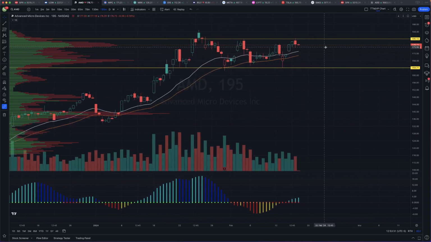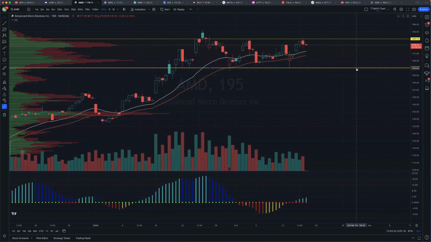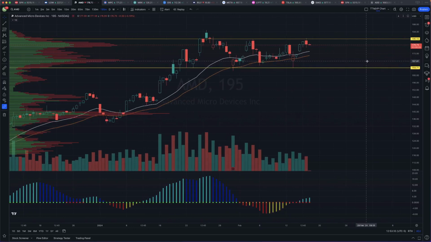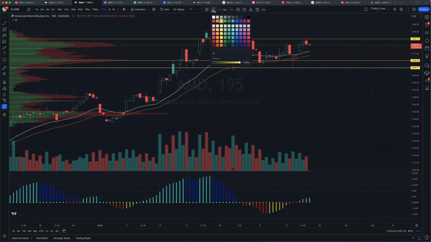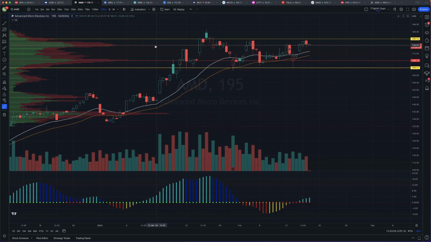I'm probably going to have to move this up, but I'm going to come in here and put a point of control level at 168 even, or 168.18, I guess. I'm going to make that one red, and then I'm going to put a secondary one right here at 176.33.